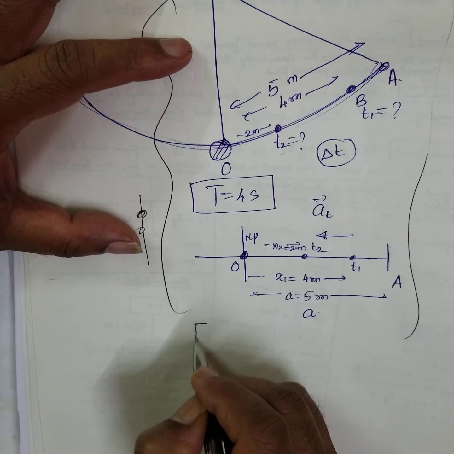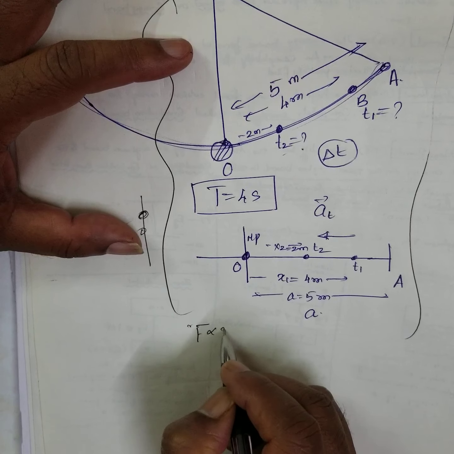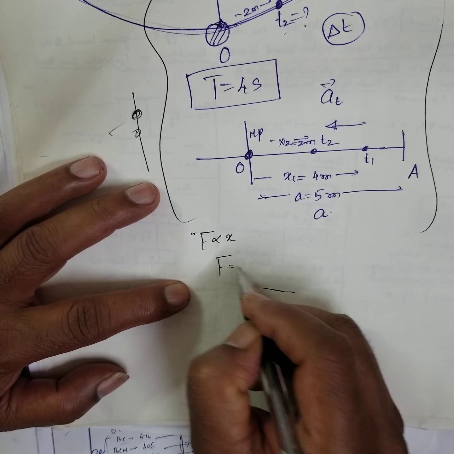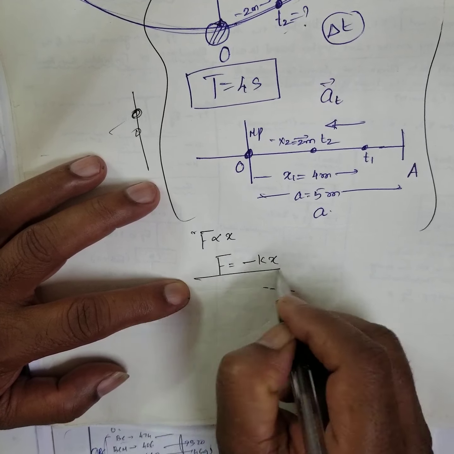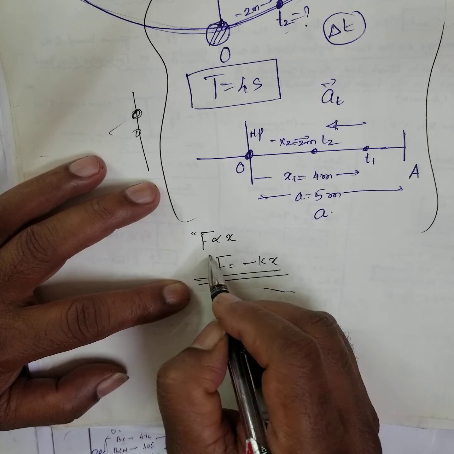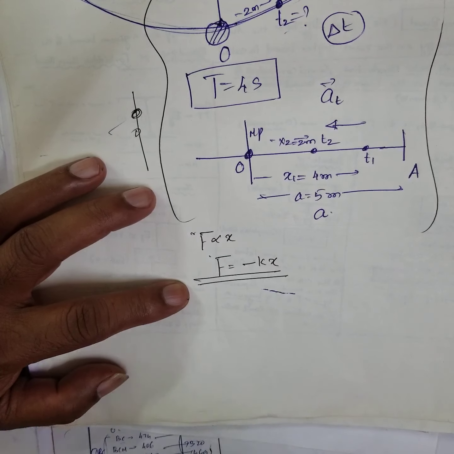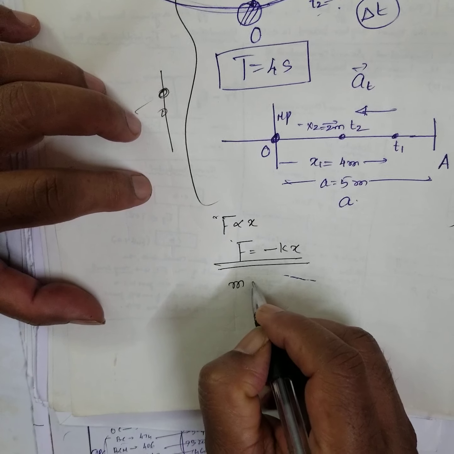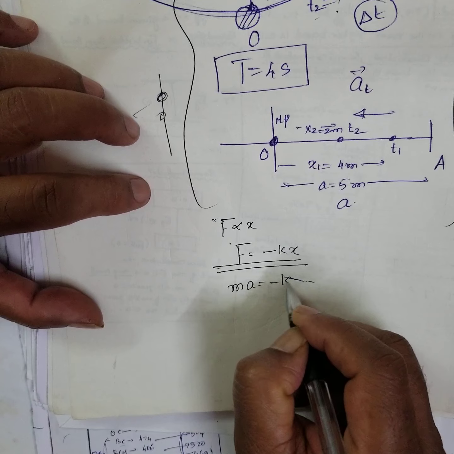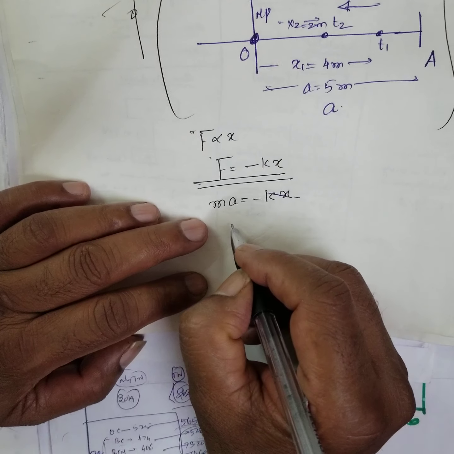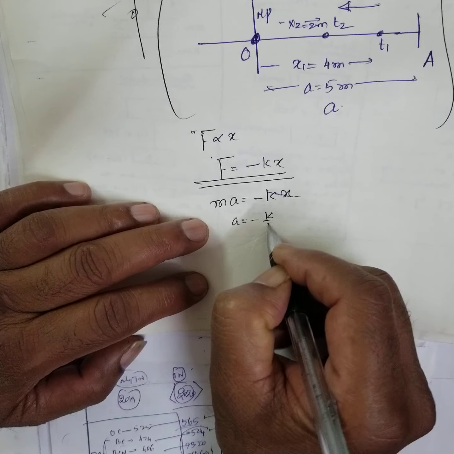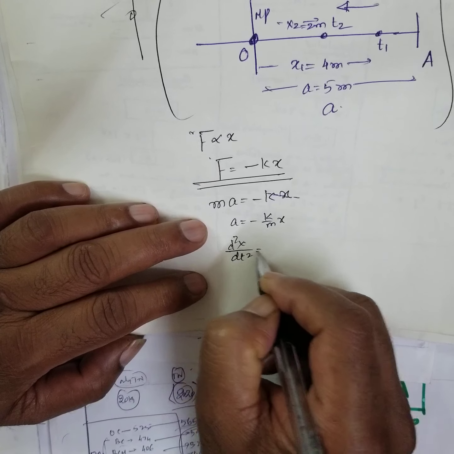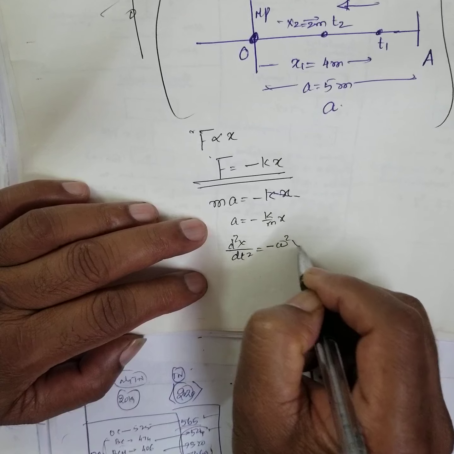Here, restoring force is directly proportional to the displacement from the mean position, or F is equal to what? Minus Kx. Do you remember we have done? See, already I said mass into acceleration is equal to minus Kx. Then a is equal to minus K by m x. This is d square x by dt square is equal to minus omega square x.